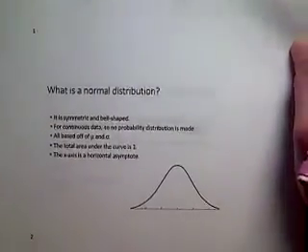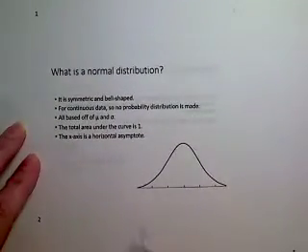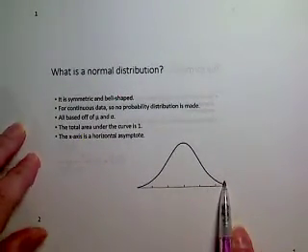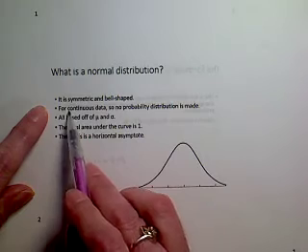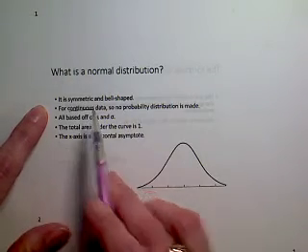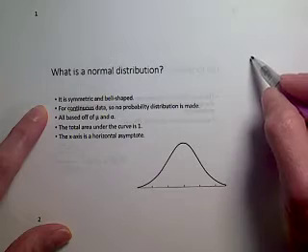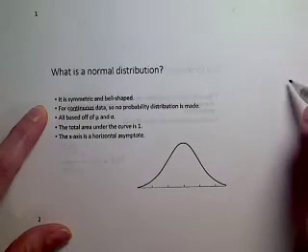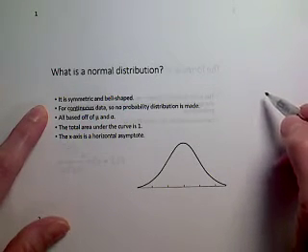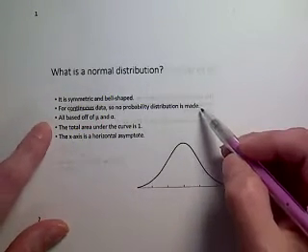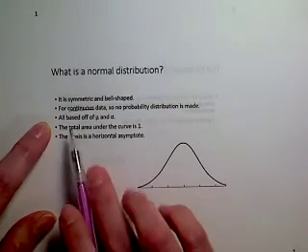Alright, so remember normal distribution looks like a bell-shaped curve. Like I said, it's for continuous data, so I can't make a table of values like we could before. I can't say the probability of 1, the probability of 2. It doesn't work that way. So we don't make a table of values.